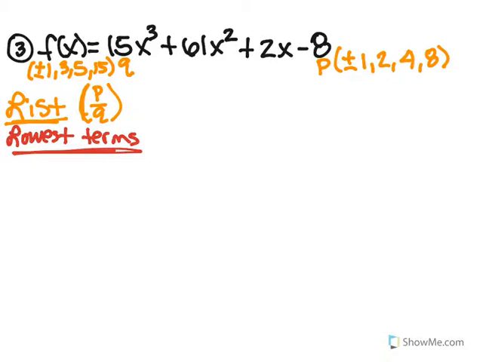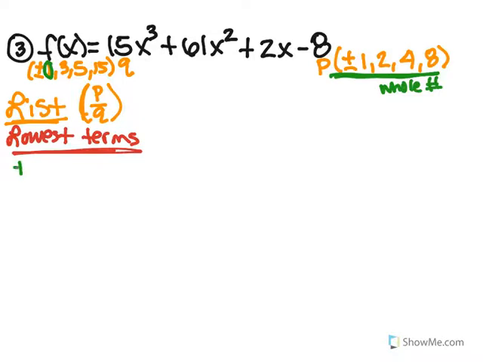So here we go. Now, I know that if I take each one of these p's and put them over the first q, which is 1, that's what I did on the first two examples. All I'm going to have is the whole numbers. Your p's represent your whole numbers.